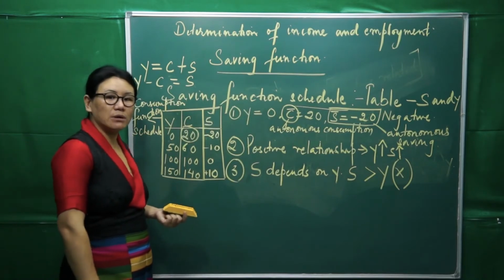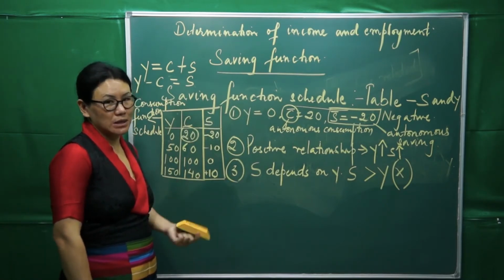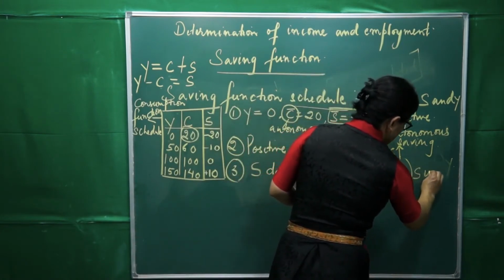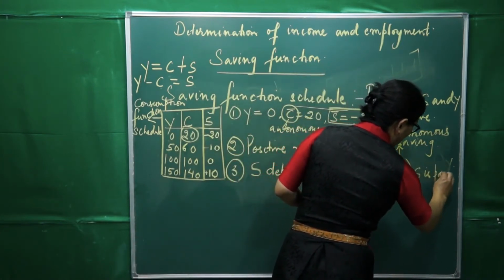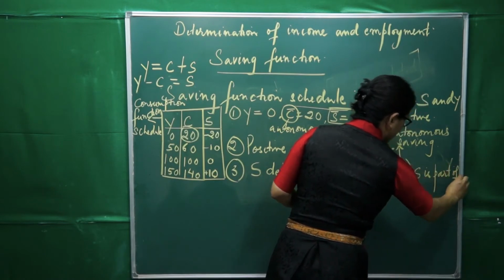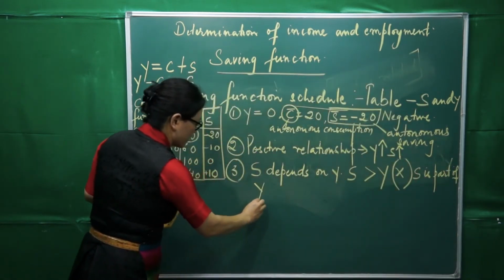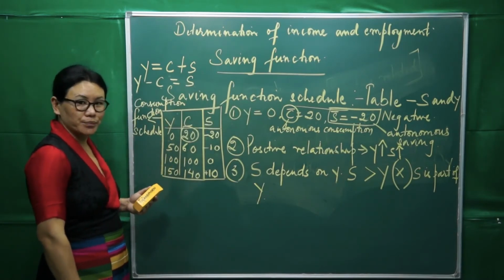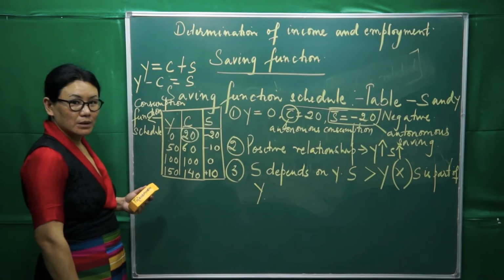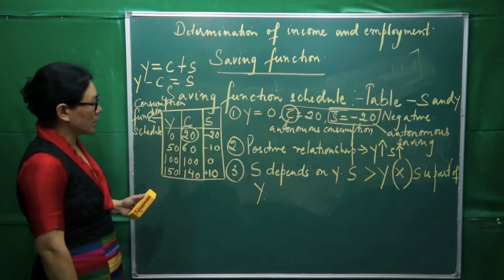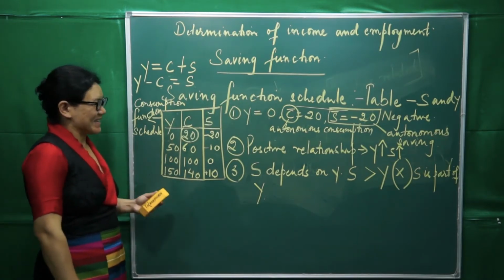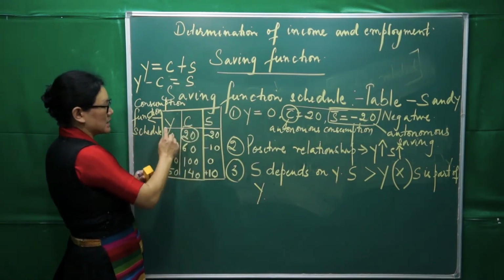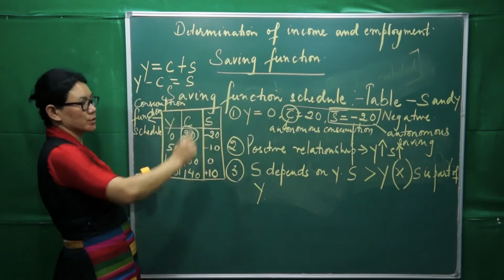Saving is just a part of income. Okay, and we can make out from this schedule also. So this is an observation which is drawn from this saving function schedule.